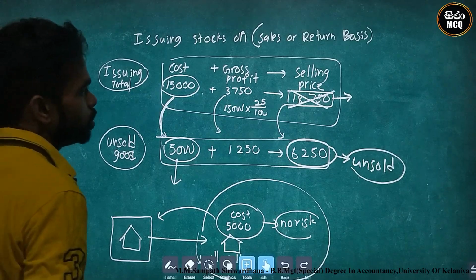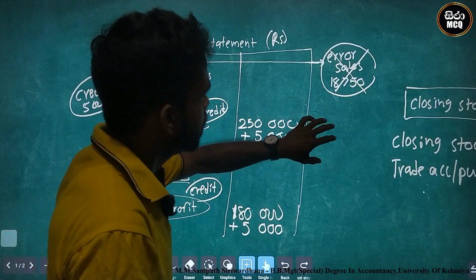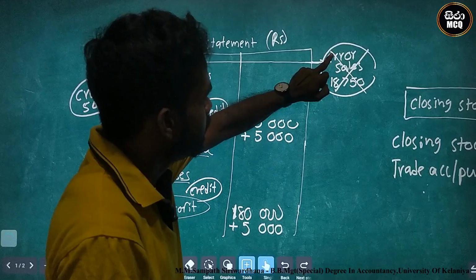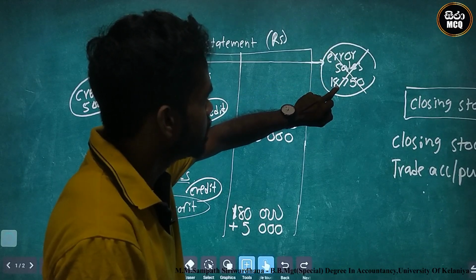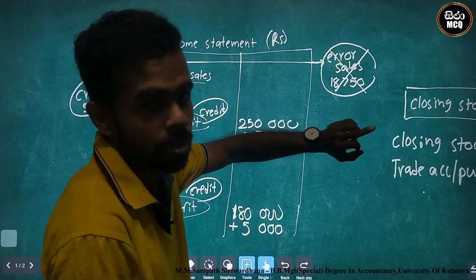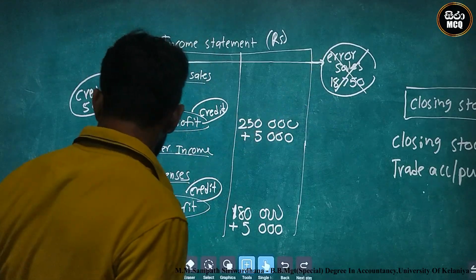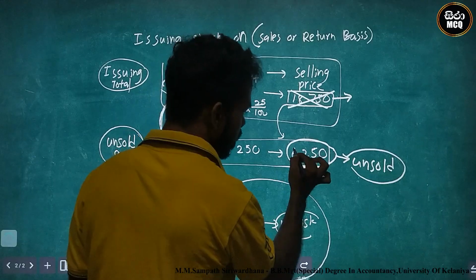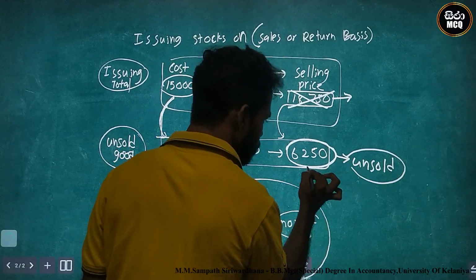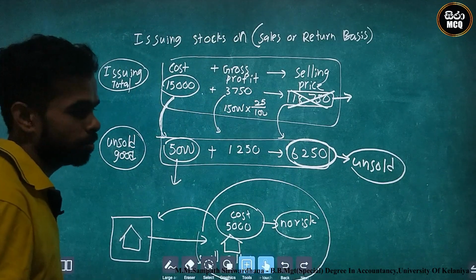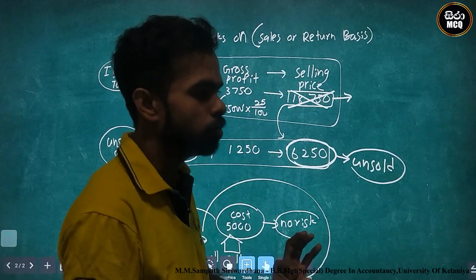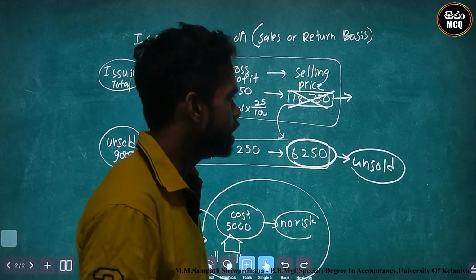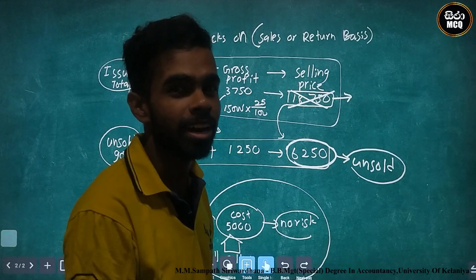Why? You know, look here. Erroneously, sales were identified as 18,750. But there is no sales of unsold goods. Unsold sales price was 6,250. This is unsold goods. Therefore, you must eliminate this from where?